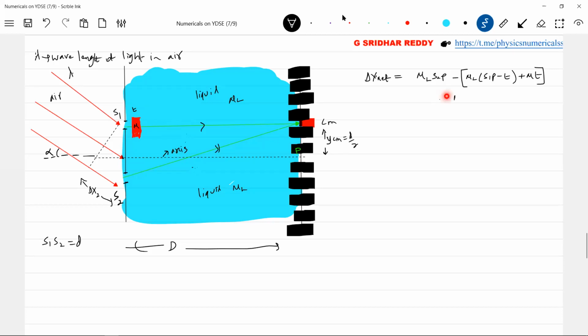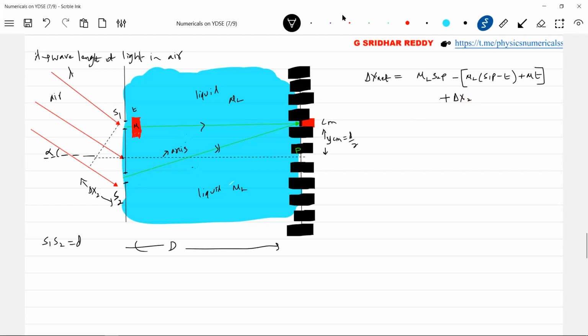So before slits it should be plus delta x2 or minus delta x2. I think ray 2 will cover more path before slits and ray 2 will cover more path after slits also. We are assuming it to be here. So this will be the equation.